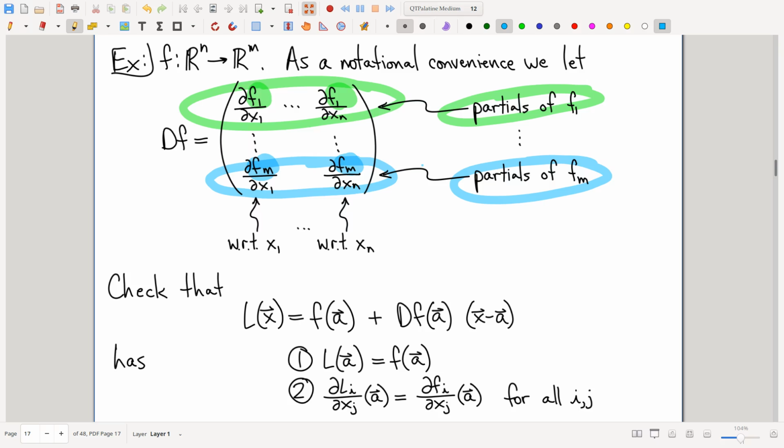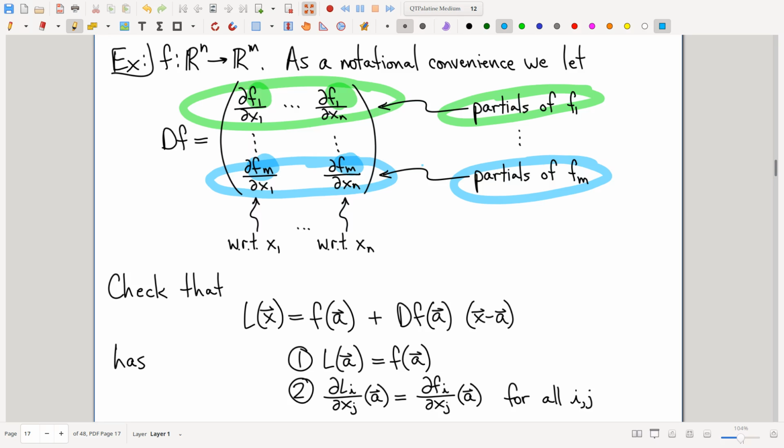So again, pretty common terminology. I think it would be pretty reasonable to refer to this first row as the f1 row. Again, the shared characteristic. So columns correspond to input variables, rows correspond to output variables.